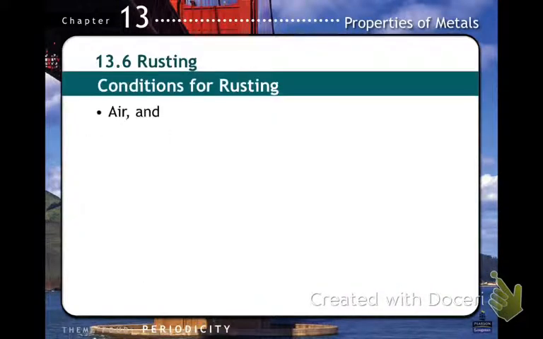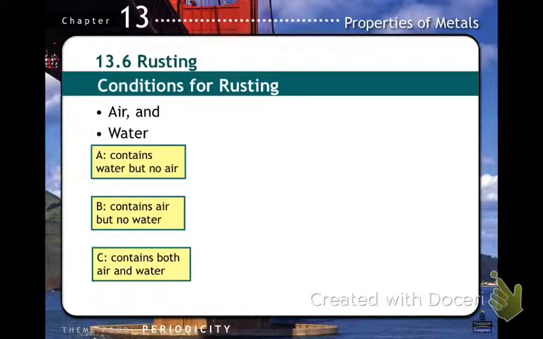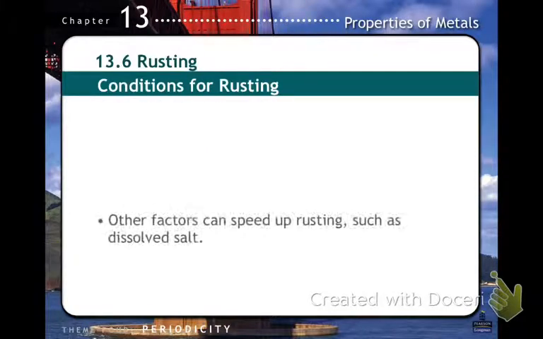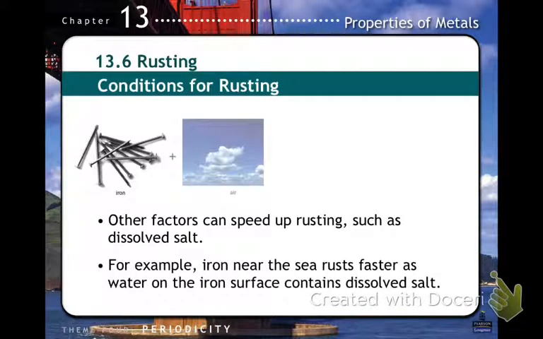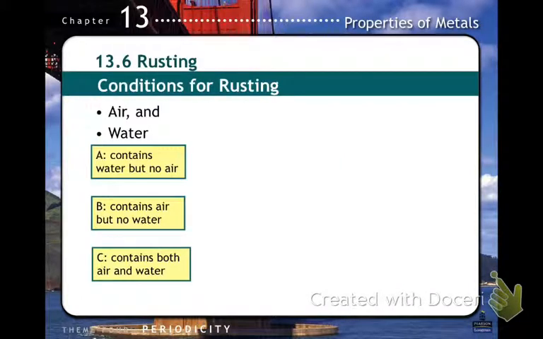So the conditions for rusting basically need air and water. That's about it. If it contains water but no air, or contains air but no water, it definitely won't rust. Other factors can also speed up rusting, such as dissolved salt.